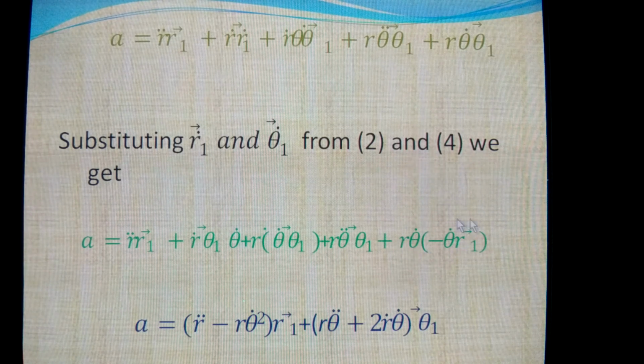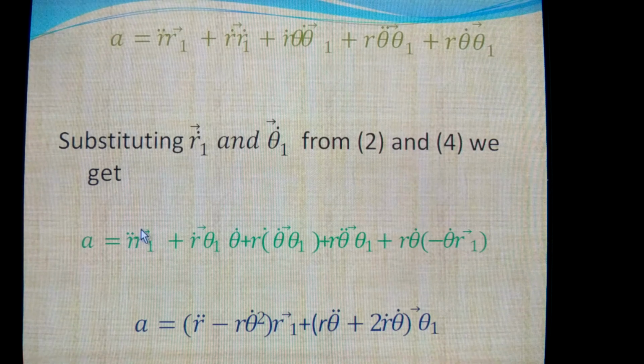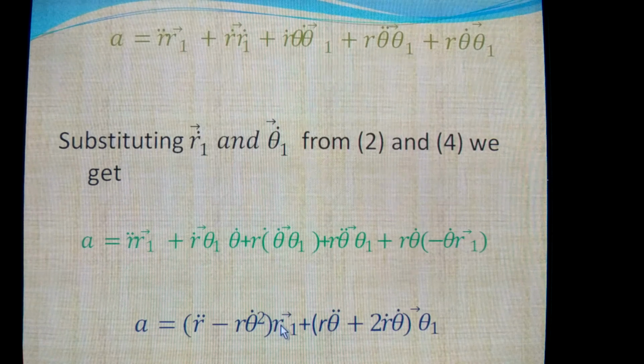After multiplying these two products, it becomes minus r theta dot square into r1 bar. So from these two terms, take r1 bar common, and in the bracket we are left with r double dot minus r into theta dot square.